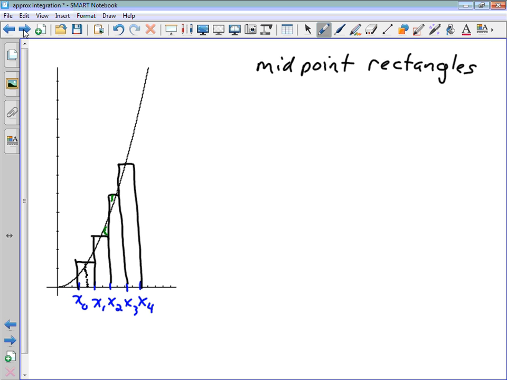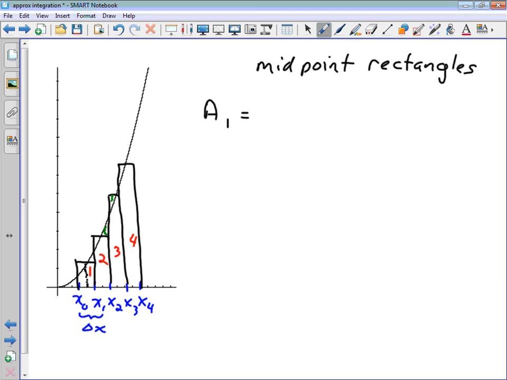So let's figure out the area for each one of our little rectangles again. Again, it's going to be the width times the height. For the width, we're still going to use delta x. What about for the height? Well, for the height, we still want to find a value of the function, but where do we want to find the value of the function?